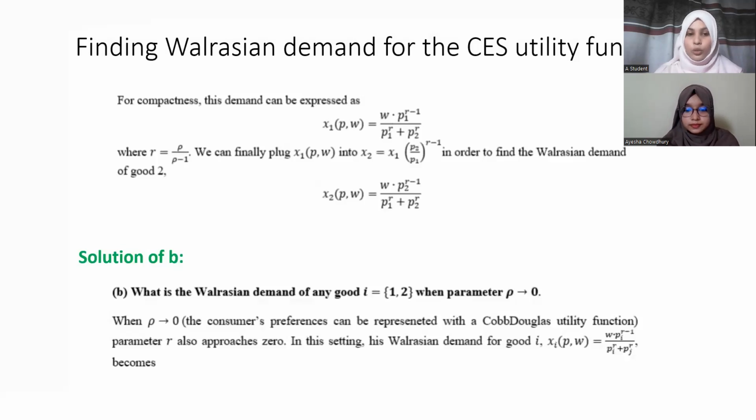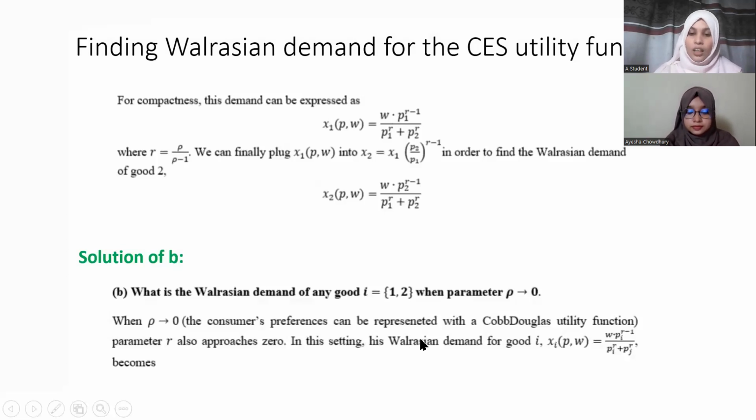When the parameter rho tends to 0, the consumer's preferences can be represented with a Cobb-Douglas utility function. If rho tends to 0, then the parameter r also approaches 0.